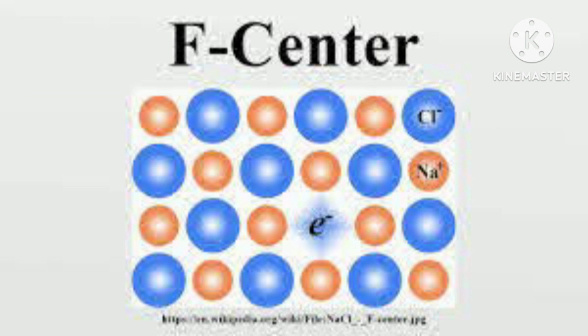Now I am going to tell about the metal deficiency defect. Second one, metal deficiency defect. Now see, that was the excess, metal excess, now it is deficiency, means less. So it is the reverse of this.